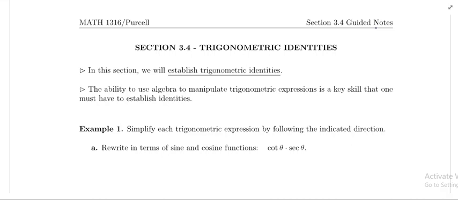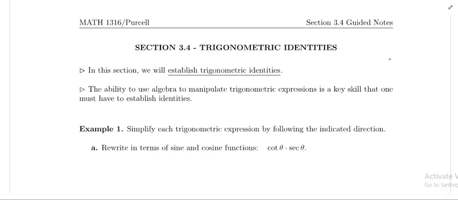Section 3.4, Trigonometric Identities. In this section, we will establish trigonometric identities. Before we talk about what that means and how to do it, if you look at the second bullet point, it says the ability to use algebra to manipulate trigonometric expressions is a key skill that one must have to establish identities.